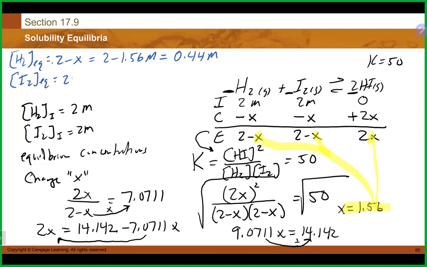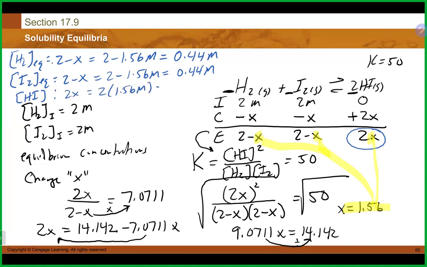It will be equal to 2 minus x, will give me the same number in this case, 0.44 molar. I could do that for my HI. From the equilibrium line, it equals 2x. So I'm going to go 2 times 1.56 molar, and that will get me 3.12 molar. This would be the equilibrium concentrations of all these guys at equilibrium.